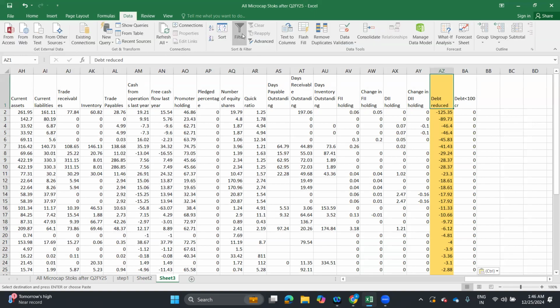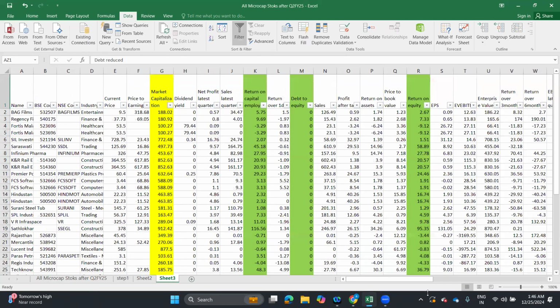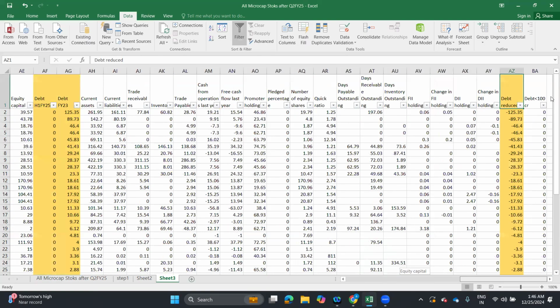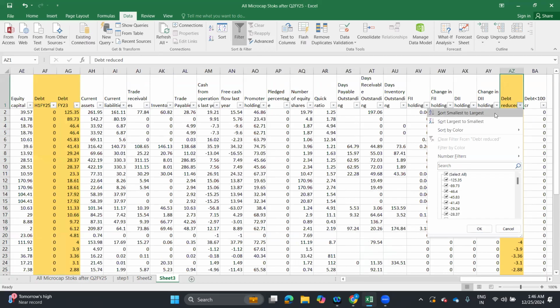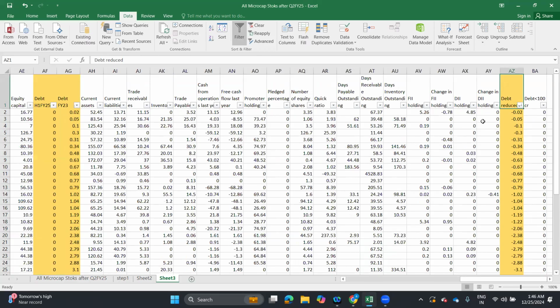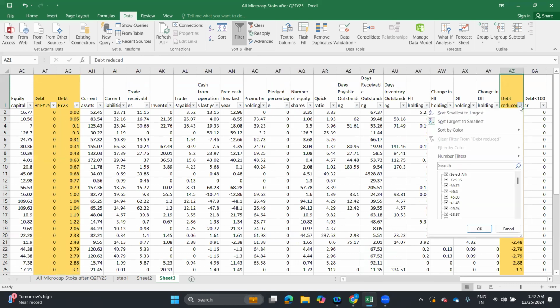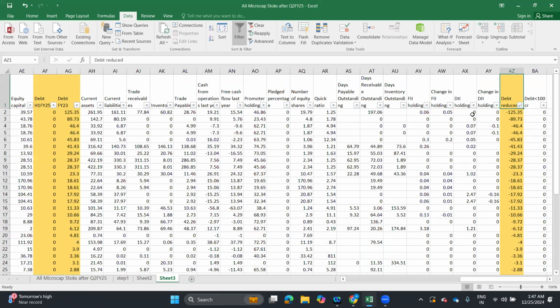Data filter, correct? Now what I'm doing, largest to smallest. So all are filtered. Acha, so this must be smallest to largest, correct?